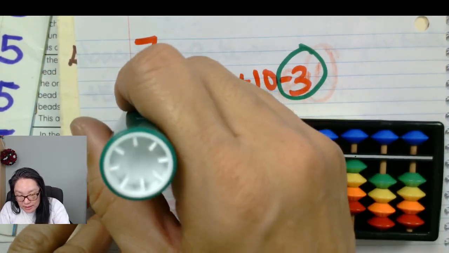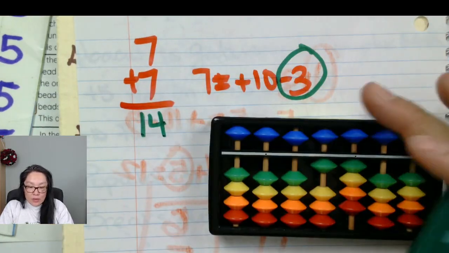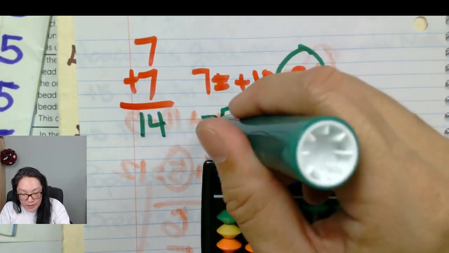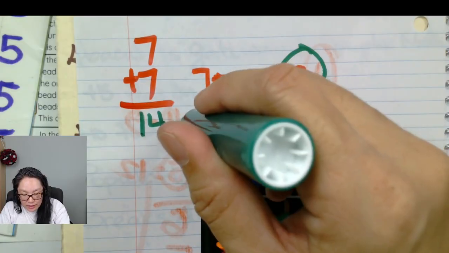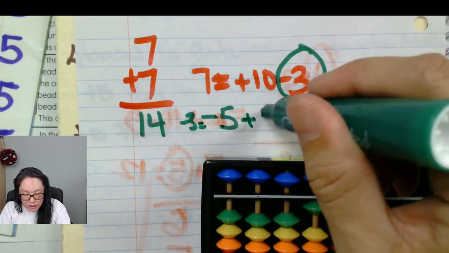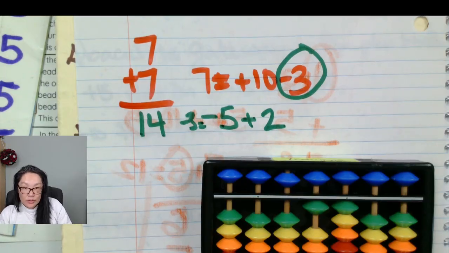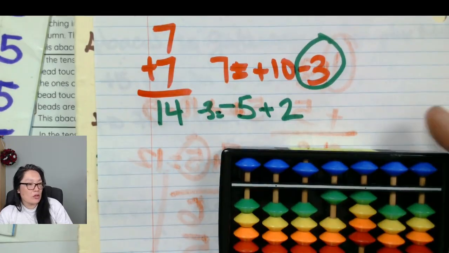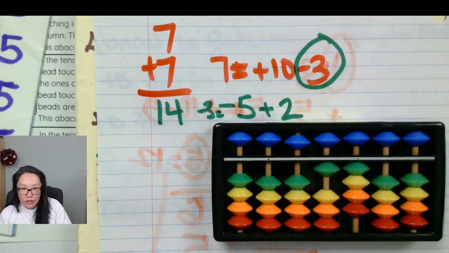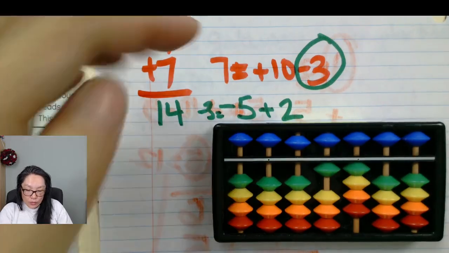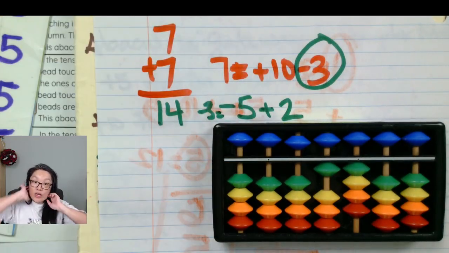So this one is also a two-step equation. Because what we did is we minus the 3 is equal to minus the 5 plus the 2. That's what we did. And so what we're doing is we're just following directions. Everybody says follow the directions. And so when we talk about this formula, we just follow the directions.